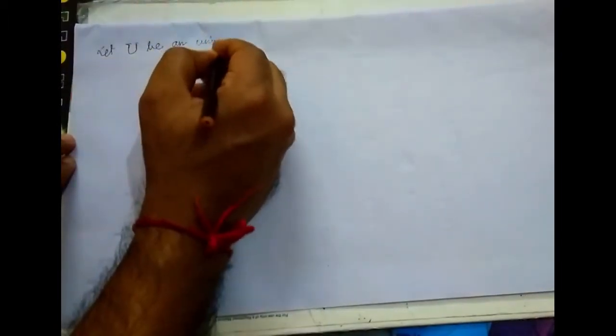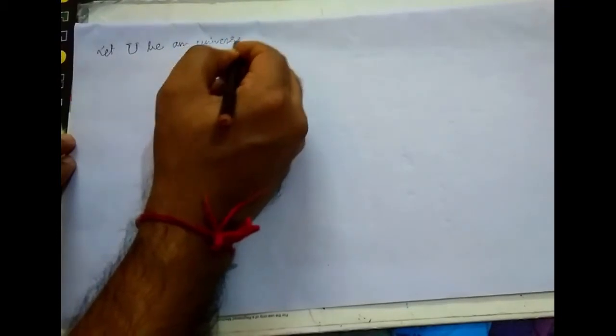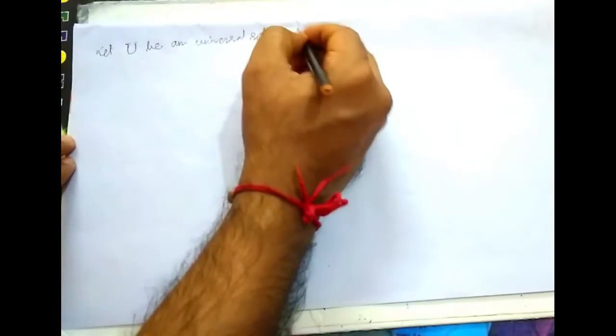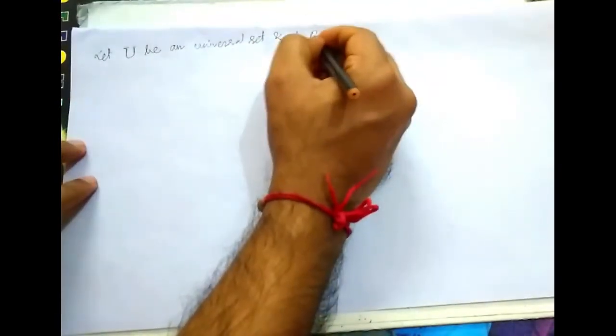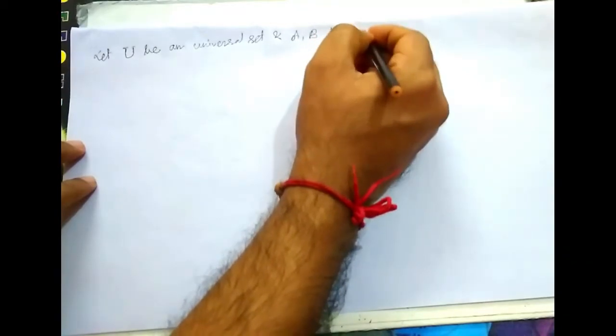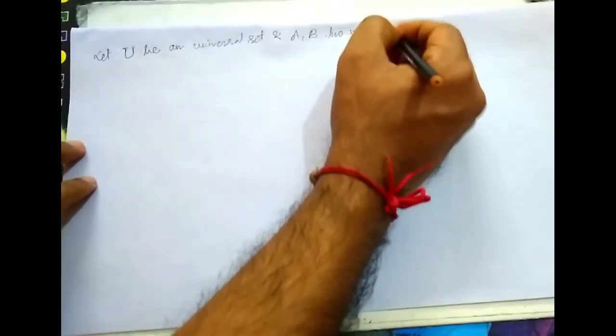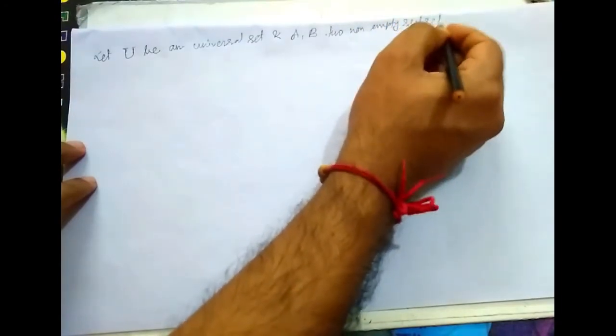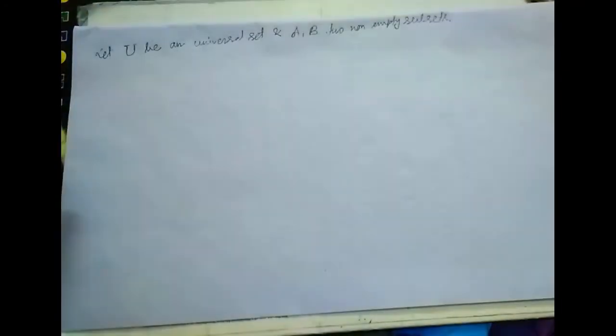Let U be an universal set, okay, and A and B be two non-empty subsets.